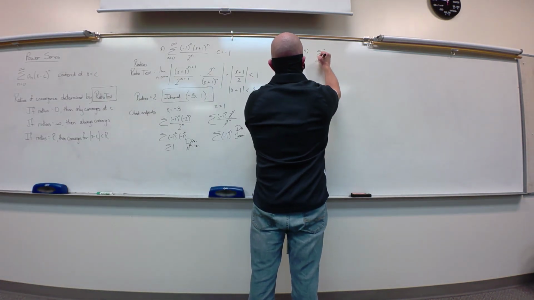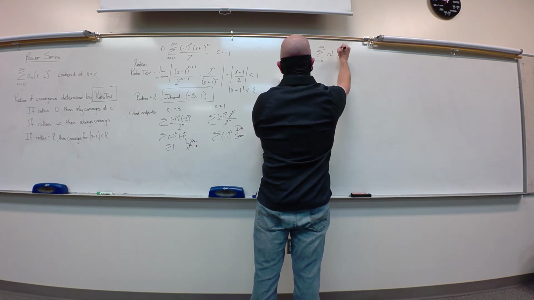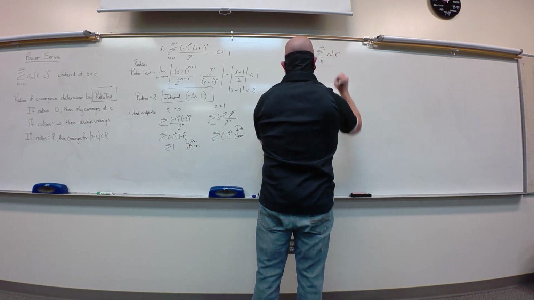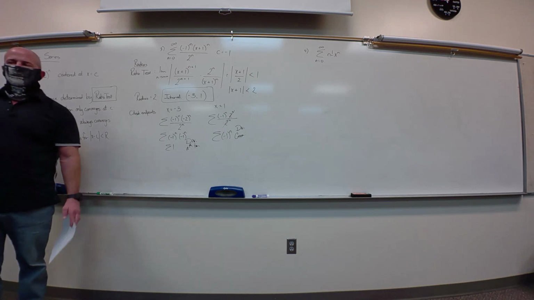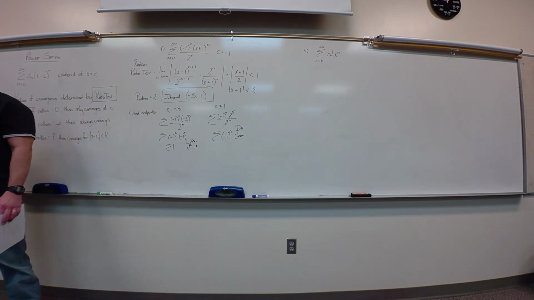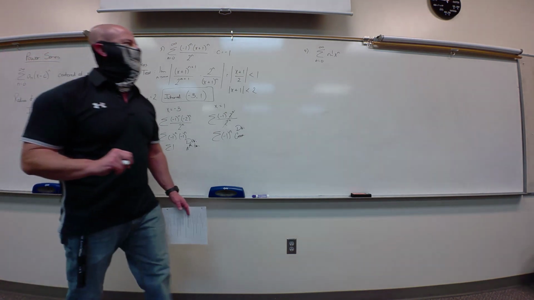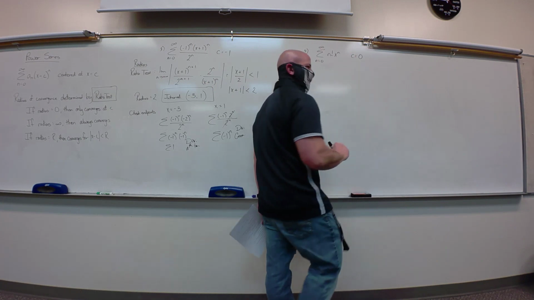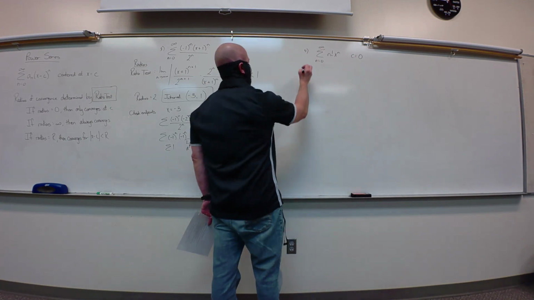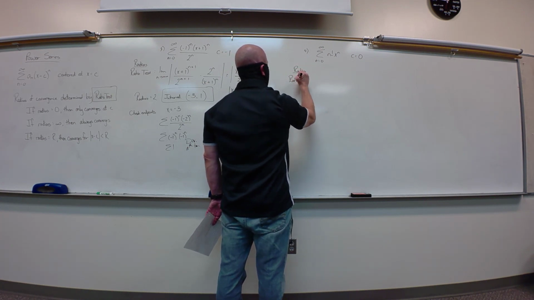Let's go: the sum as n goes from 0 to infinity of n factorial x to the n. Where is its center? 0. Ratio. We go for my radius, using my ratio test.